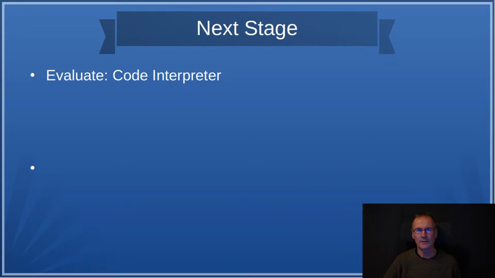So the key here is to do a more in-depth evaluation of code interpreter. And then we're talking about incorporating assistants into OAI. It won't happen until I have a really good use case, probably requiring code interpreter.